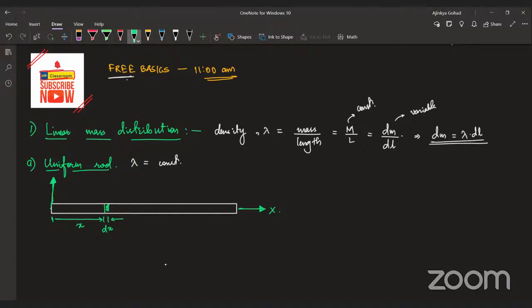So this dx length element, let's say the mass of this element is dm.